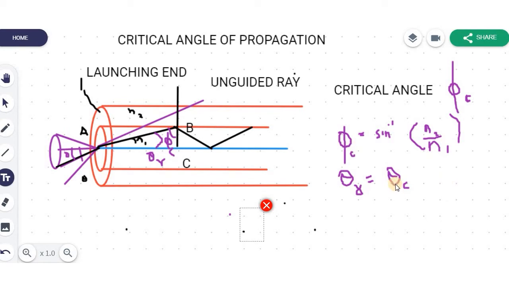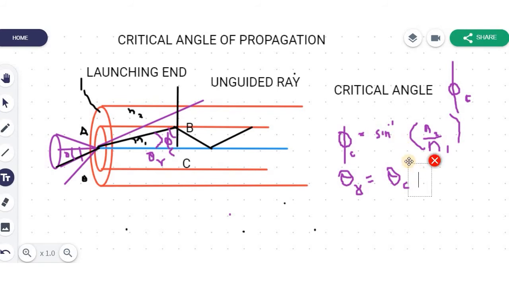Theta c is the angle that the ray makes with the axis. This blue line is called the axis of the fiber. The ray entering the fiber makes an angle with the axis of the fiber. Such an angle is called the critical propagation angle, and it should always be less than theta c. When theta c increases, phi c should decrease, and when phi c decreases, the condition of total internal reflection won't be satisfied.